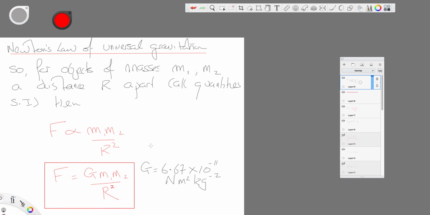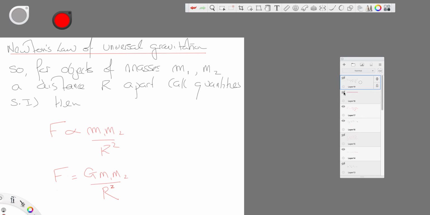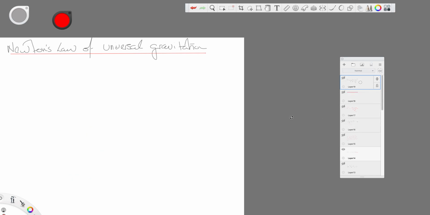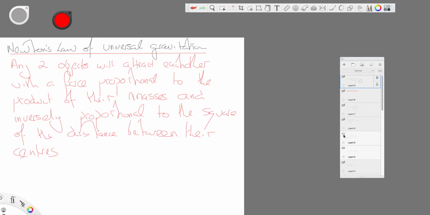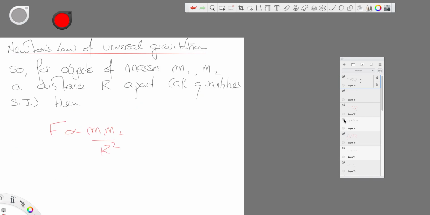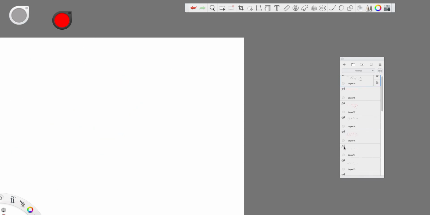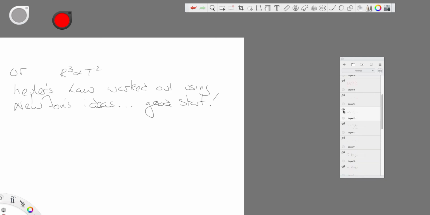That derivation, if I take you back to the derivation that we did of r cubed proportional to T squared, you need to know that.